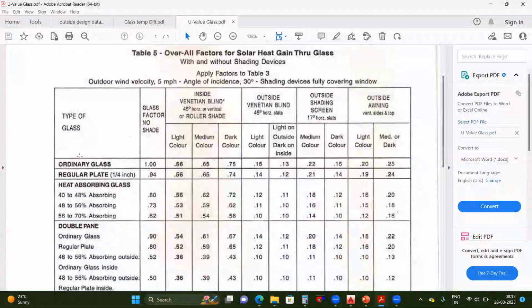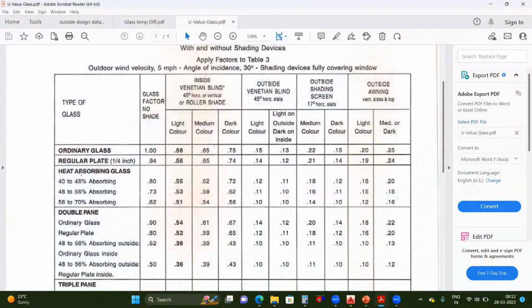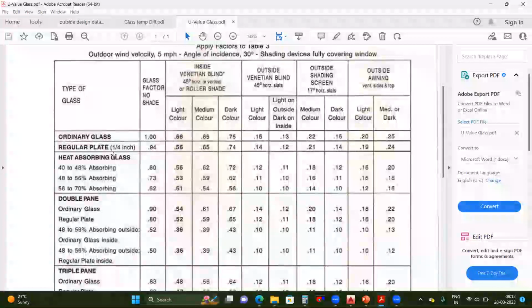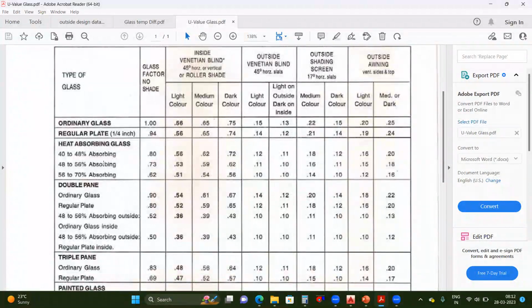We have ordinary glass, regular plate glass, heat absorbing glass. That is nothing but a slight difference in the glass manufacture. Ordinary glass means normal glass, when there is nothing else specified for that glass. Regular plate is of a different type, and heat absorbing glass.